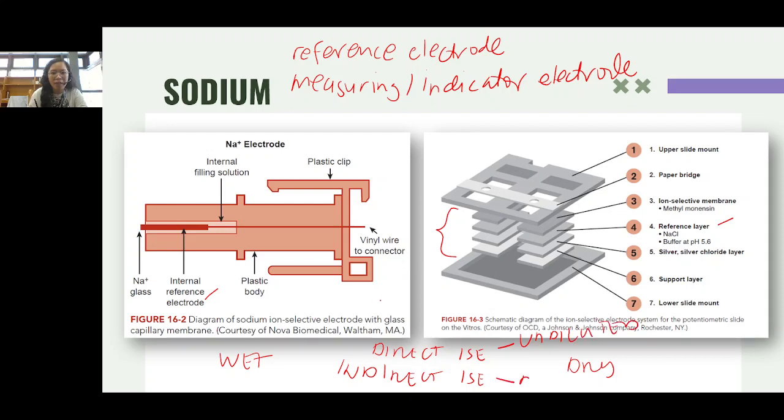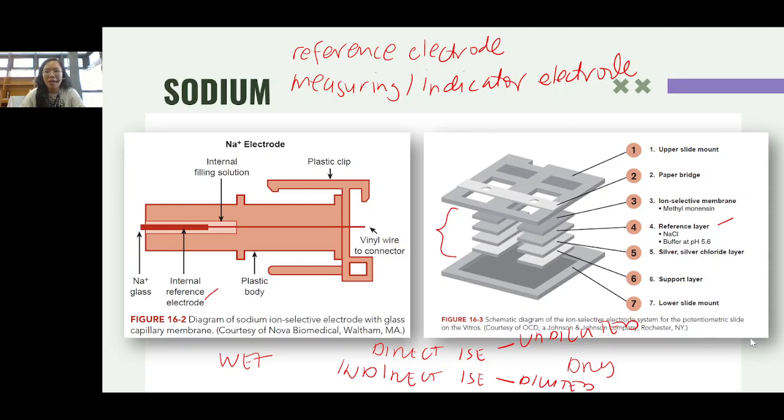For your indirect ISE, it needs to be diluted. And between the two, what is commonly used is your direct ISE. So actually, there is not much difference in terms of the results as stated by Bishop. There is no significant difference in the results, except when your samples are hyperlipidemic or hyperproteinemic.